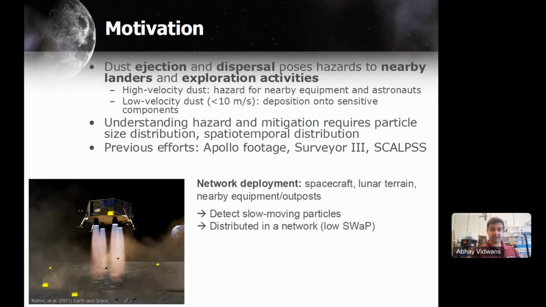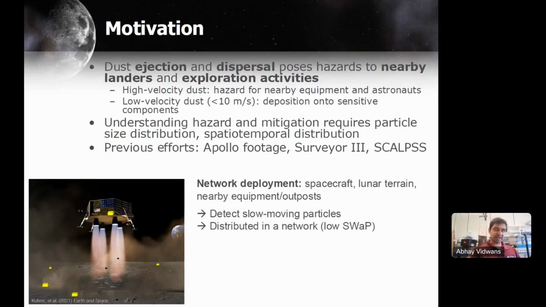The problem with this technique is you cannot use this to measure low-velocity dust. And while a lot of the dust particles displaced by plumes are high velocity, there's also a lot of low velocity dust that settles down onto areas far from the landing site at longer times from when the landing or ascent occurs.